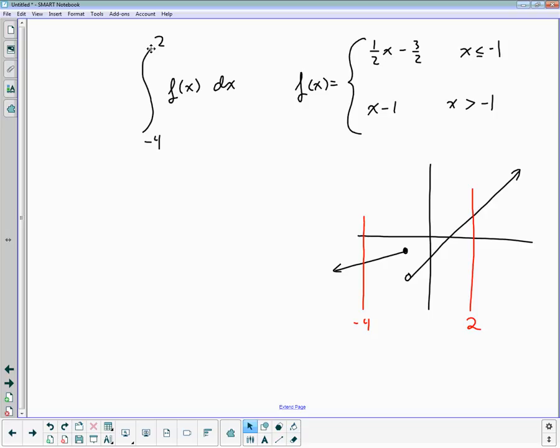The fact of the matter is that this is roughly speaking what this piecewise function looks like. So what we're doing is we're trying to find the area like that. Trying to find that red crazy area.